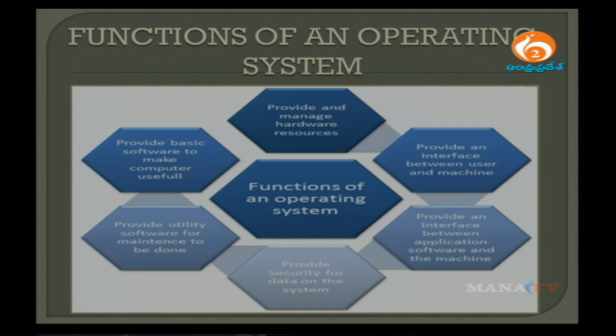Towards the left the picture is a little lighter, that is provide basic software to make the computer usable. That is what it does, but not that much. And towards the right you have provide an interface between user and machine. This is also one of the important things that the operating system does.